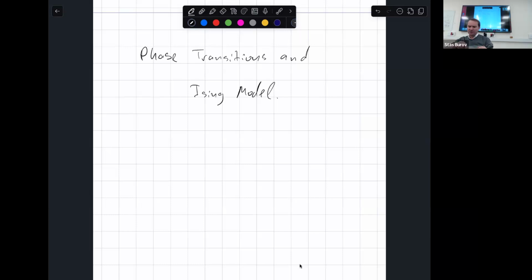Now, as with almost every topic that we start, we begin with a description of what happens on some physical level. In physics, usually, it's sometimes not true, but usually it's the experiments that lead the way.